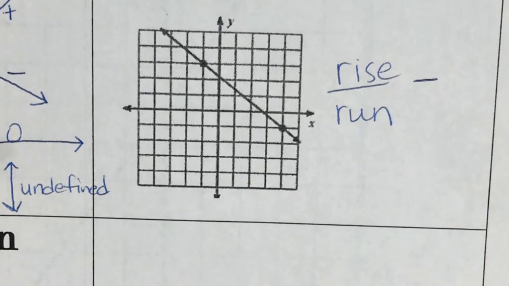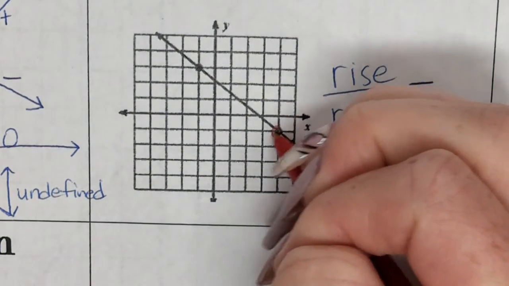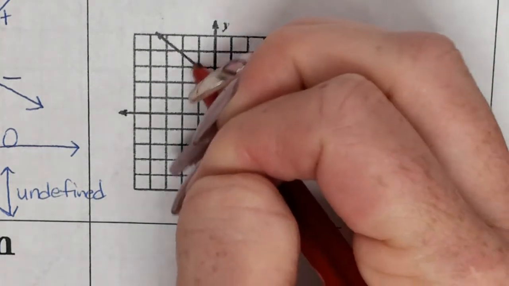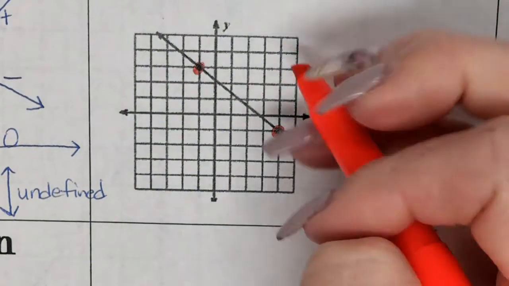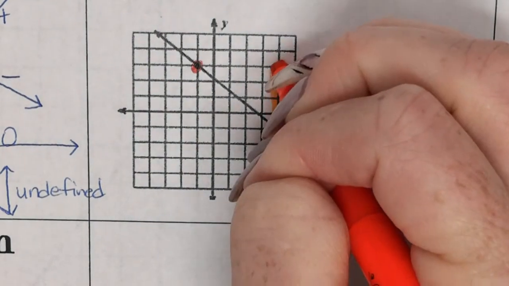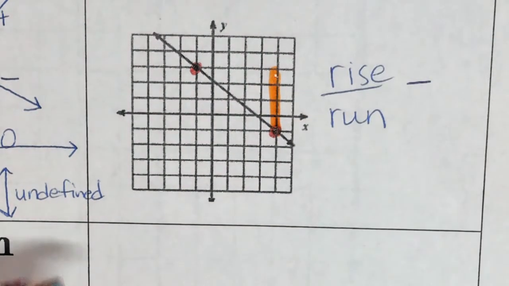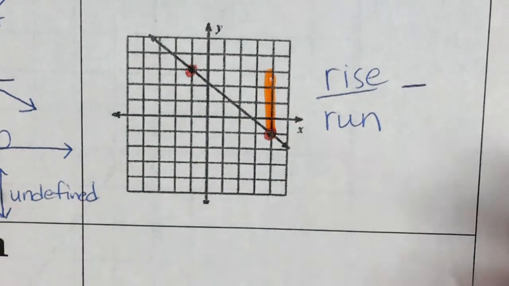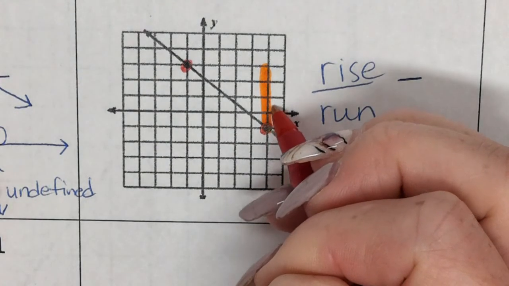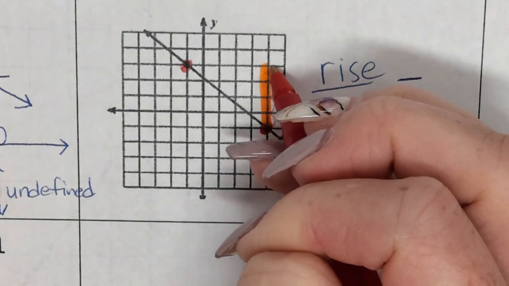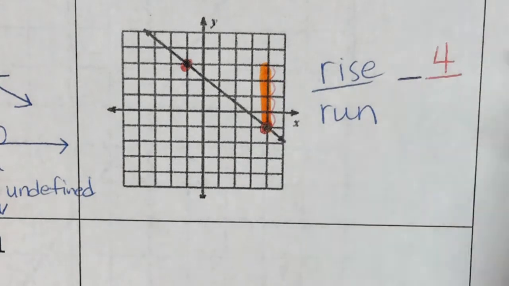Okay, so which dot do you start with? The bottom. And you're going to rise up even with the top dot. So what is my rise in this picture? 4, because I went up 1, 2, 3, 4 spots.